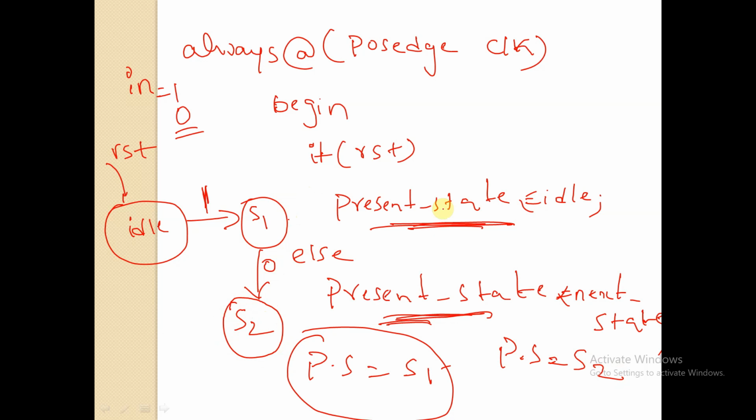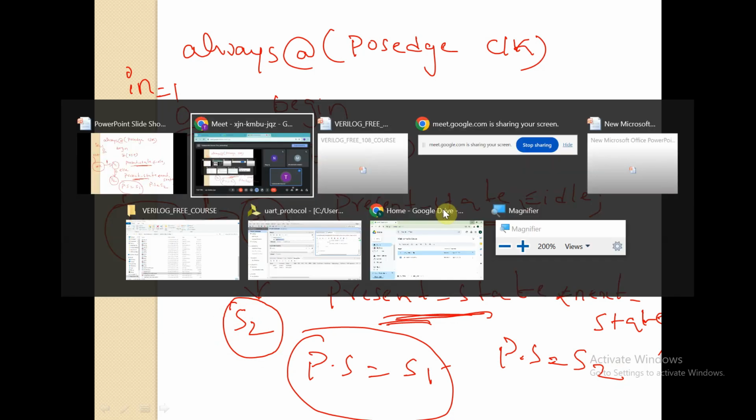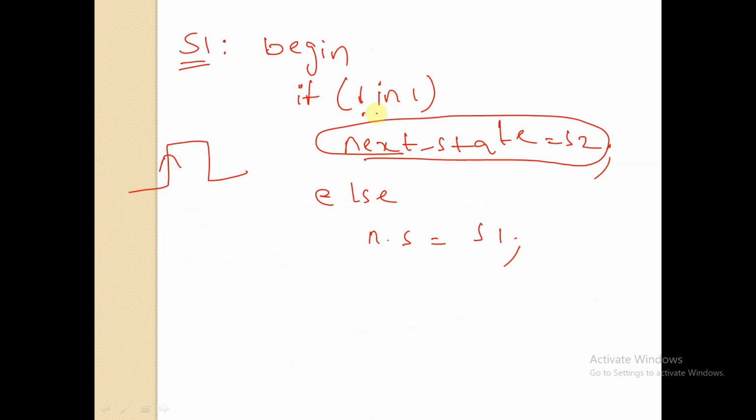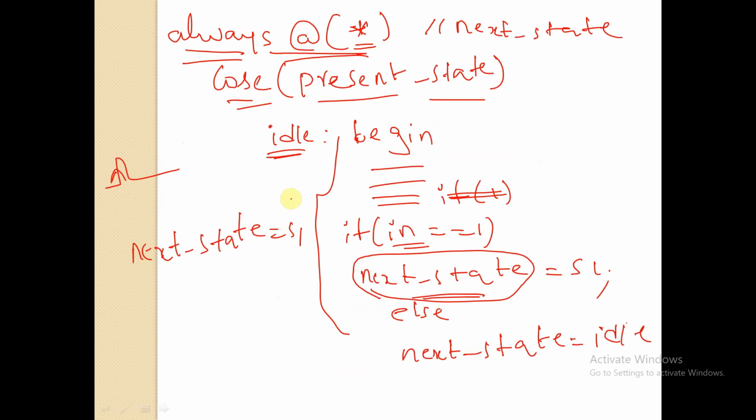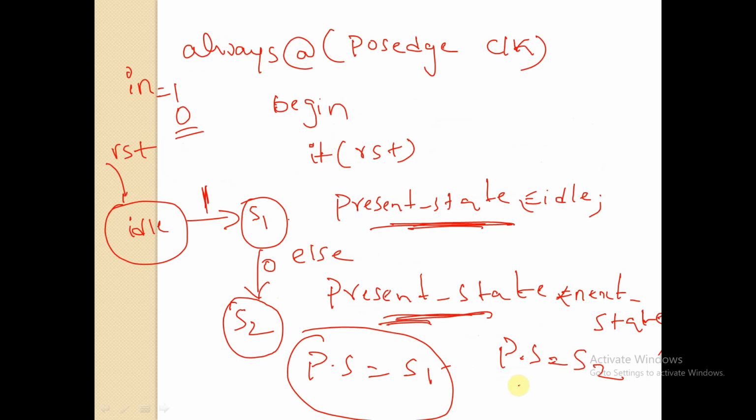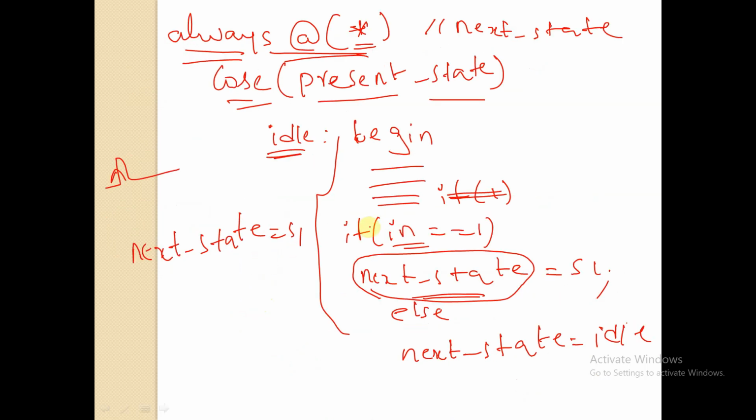Is this process clear? If you are having any doubt, you can ask me. And similarly, if it is not equal to 0, then next state will be equal to S1 only. So next state will hold the value of S1 when in1 is equal to 1, and when the passage of the clock occurs, present state will hold the value of S1 only. That is, we will be in the S1 state only, we will not go to S2 state. So this is what is happening.